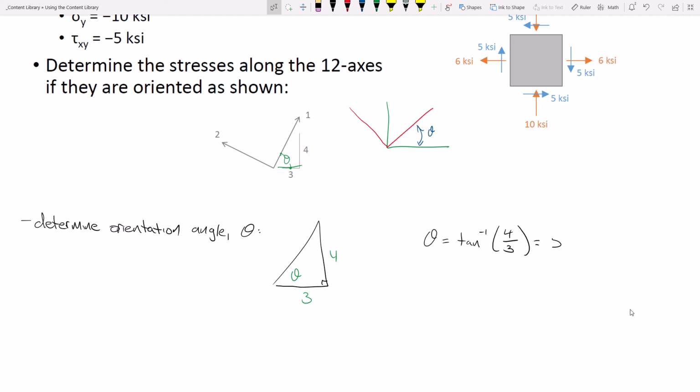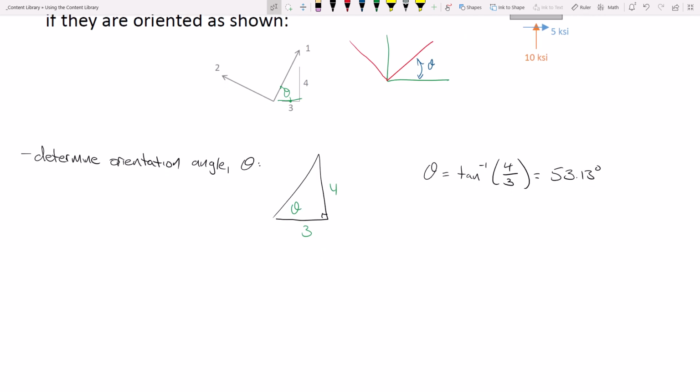All right. Now, because all of our expressions utilize 2 theta, I'm going to go ahead and do 2 theta right now and say it's 106.26 degrees. Trust me, I think it's okay.